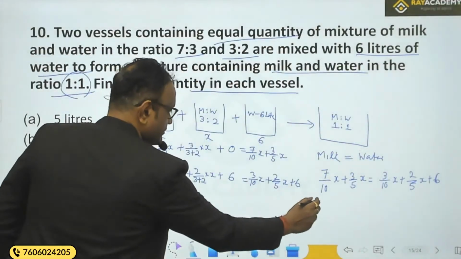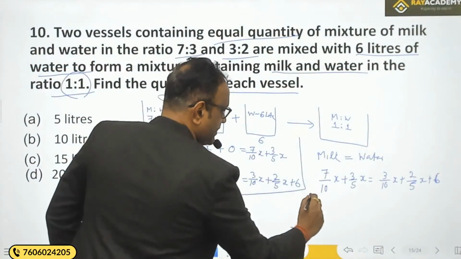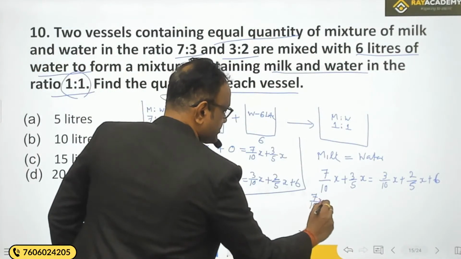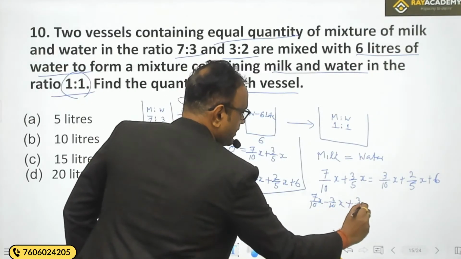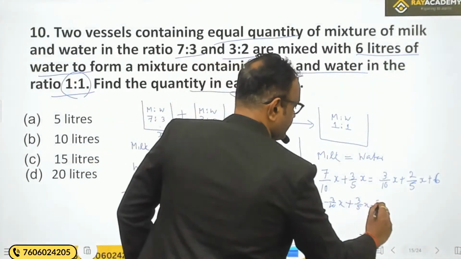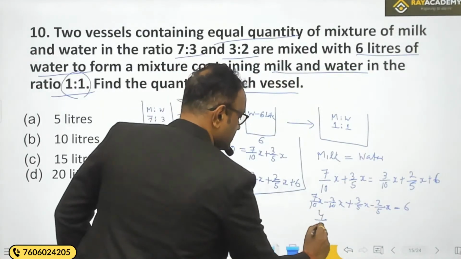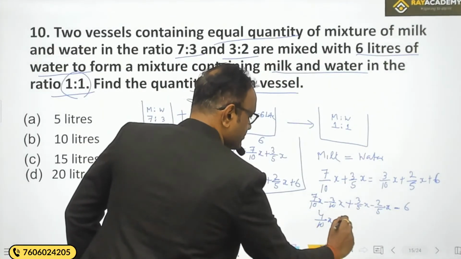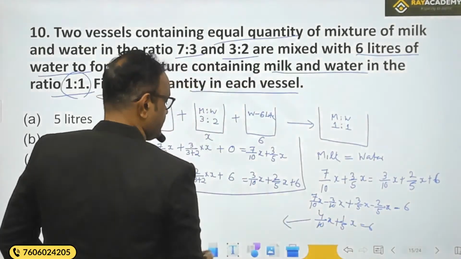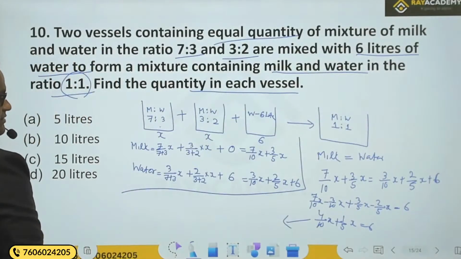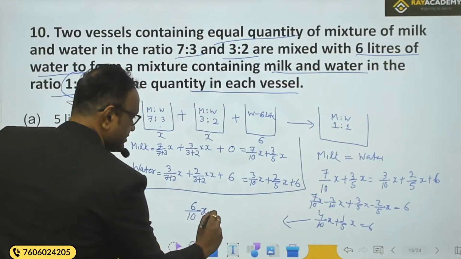So you can write 7 by 10x minus 3 by 10x plus 3 by 5x minus 2 by 5x equals 6. 7 minus 3 gives 4 by 10x, and 3 minus 2 gives 1 by 5x, equals 6. Taking 10 common, this gives 6 by 10x equals 6.